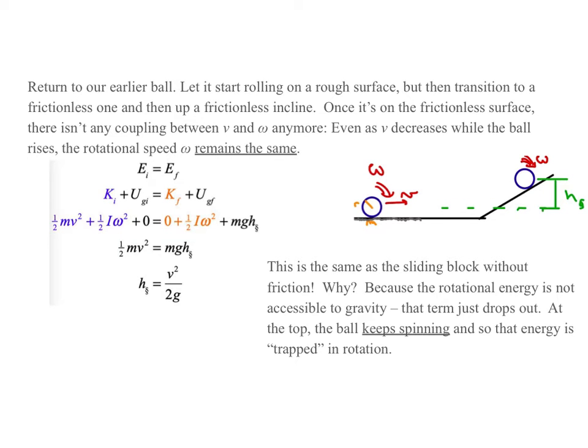Once it reaches the frictionless surface, even as v decreases, the rotational speed stays the same. There's nothing coupling it that could be taking away rotation. There's no friction here that would be able to spin it down. And as such, the height ends up being v squared over 2g, the same as the sliding block. Why? Well, there is energy locked up in rotation. It remains locked in rotation. It's unavailable to us. So it ended up dropping out of the equation, and we get the same height, just turning the translation into gravitational potential.